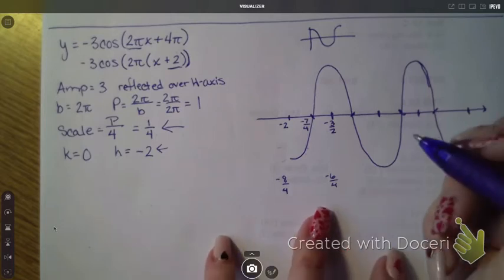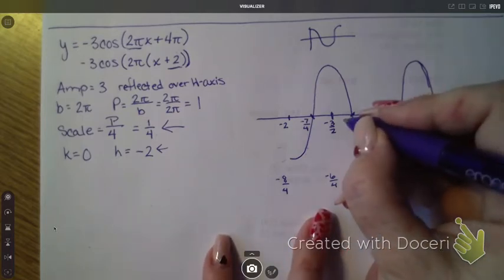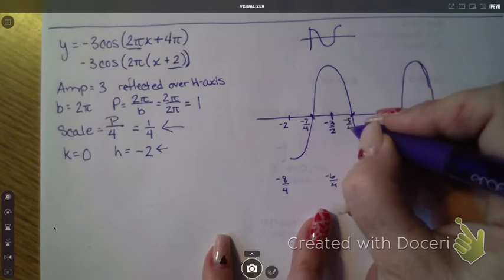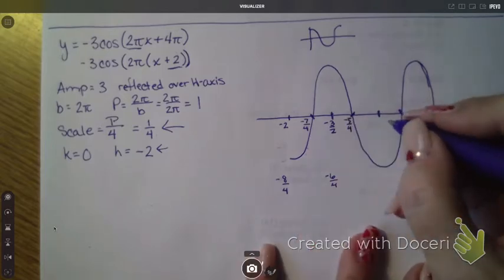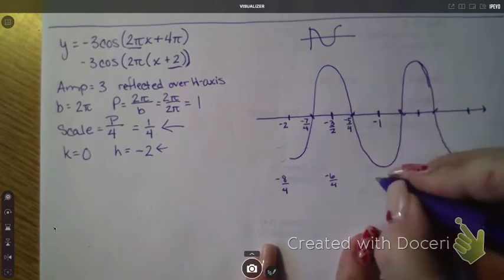Next one's going to be negative 5/4. And it'd be negative 1, because it's negative 4/4, right?